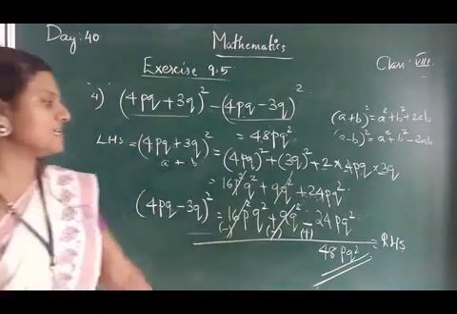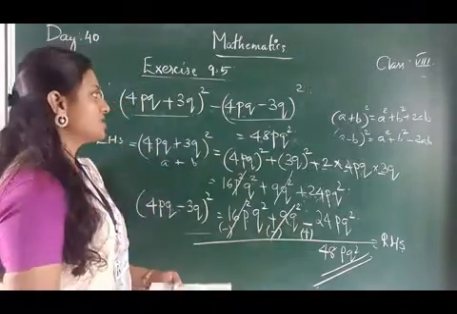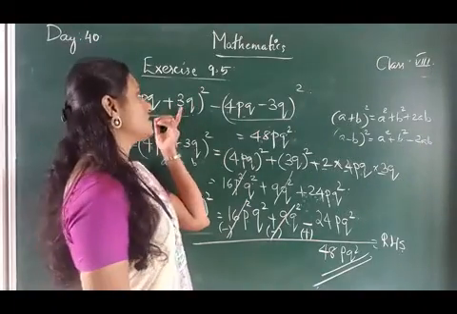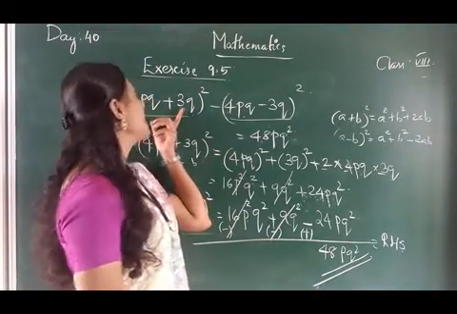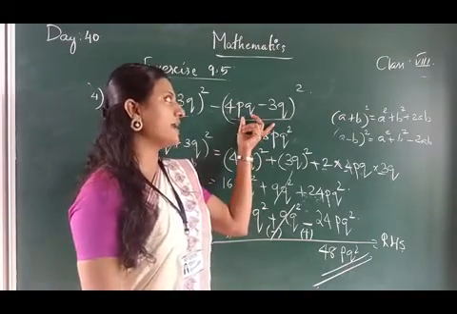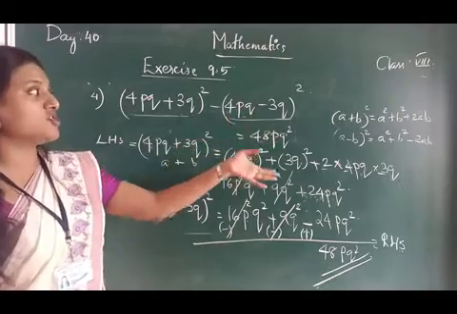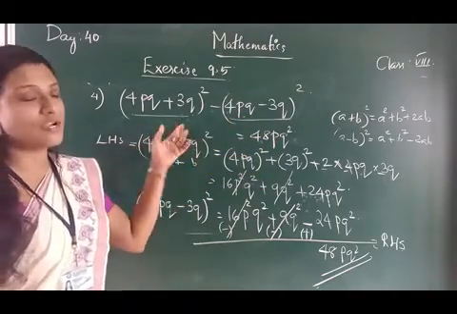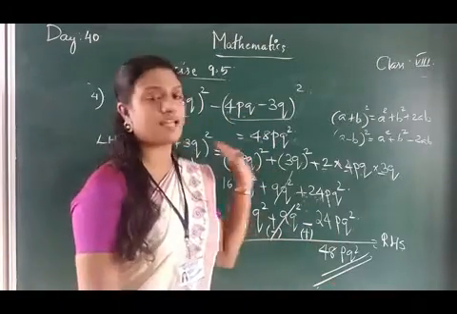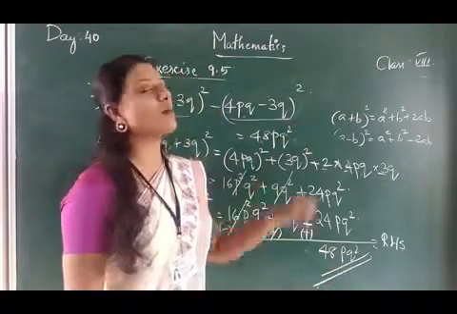So you got LHS equal to RHS. Understood? We simplified the first expansion using the a plus b the whole square identity and the second one using the a minus b the whole square identity. Then you subtracted the second algebraic expression from the first one by changing the signs of the second terms, and you got the answer 48pq square, which is our RHS.